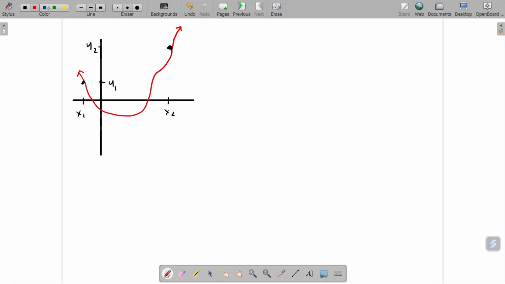However, the average gradient between these two points is our stock standard formula of what we had here just now, of our average gradient we are used to calling m, which is simply y2 minus y1 over x2 minus x1.